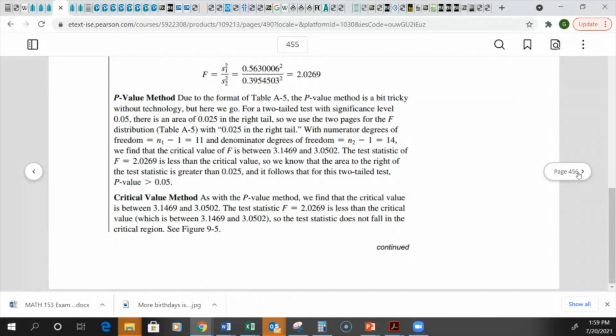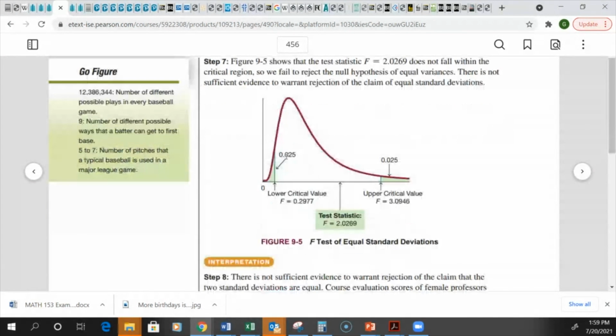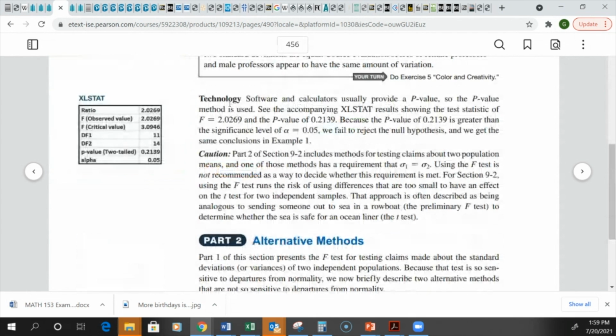But if you feel old-fashioned someday and you just want to get out the tables and try it, you could. So there you go, right? This is an alpha of 0.05, our typical alpha, and it's a two-tailed test, and so they're split. That should look kind of familiar. Usually you'll use technology.